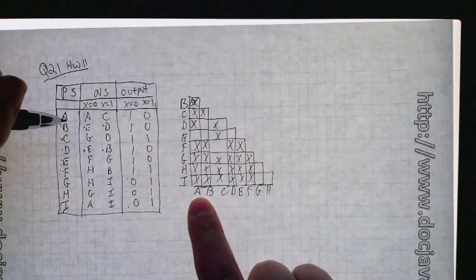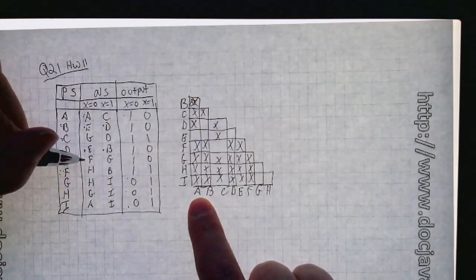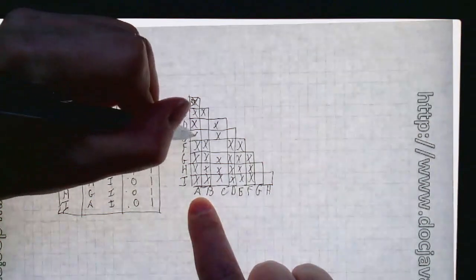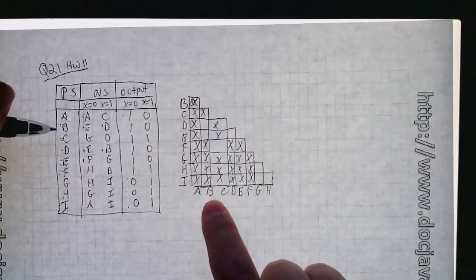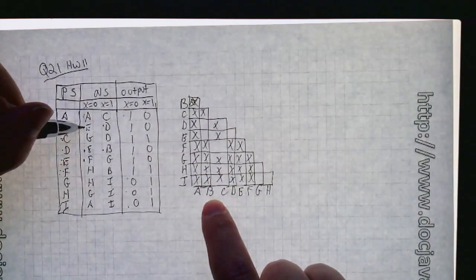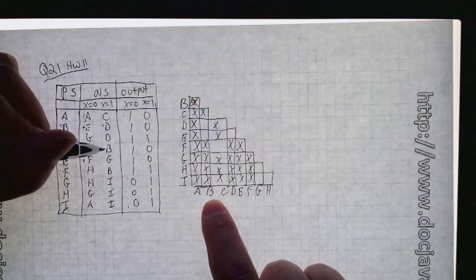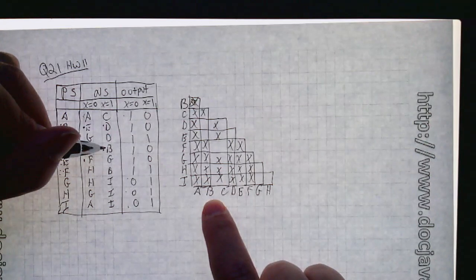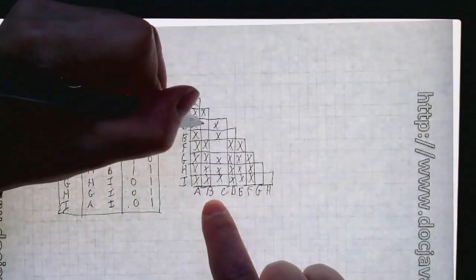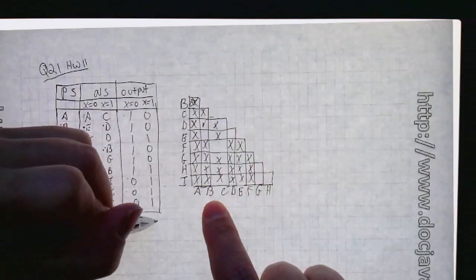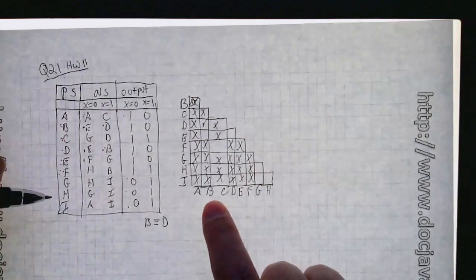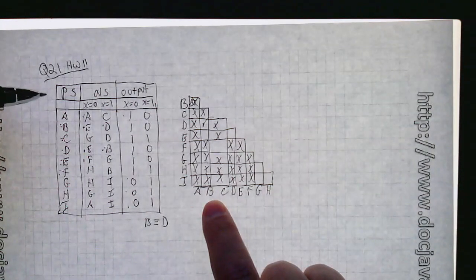A equals E if A equals F. A doesn't equal F, so that can't be right. B equals D if E equals E, well that's true, and if B equals D. So that's cool. So B is equivalent to D. That's great. Love to know about certain equivalencies.